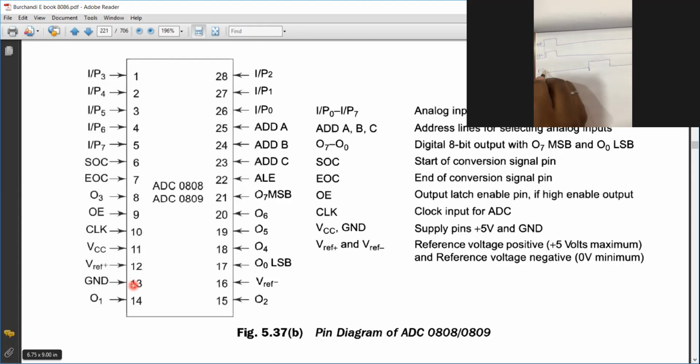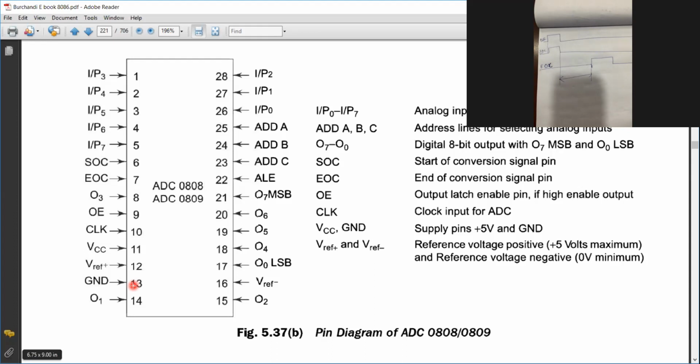It's called EOC signal, full form end of conversion. The time from starting to ending is called conversion time.